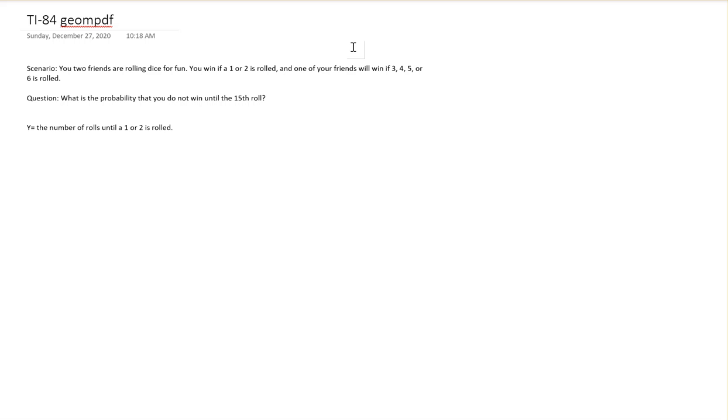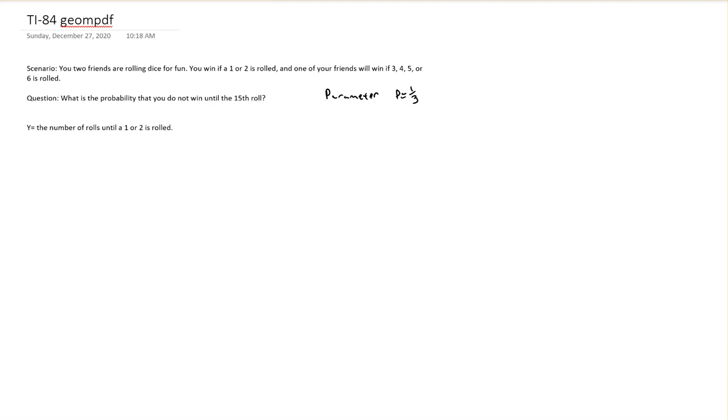So we want to know the probability that you're not successful until the 15th roll, and the probability of success stays the same on every single roll at 1/3. So in this case, our parameter is P equal to 1/3, because there's a 1 in 3 chance that you succeed or win.